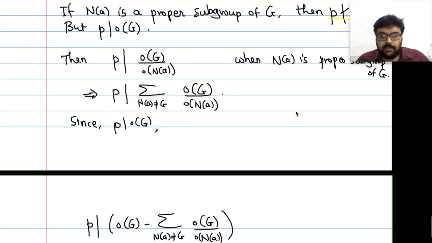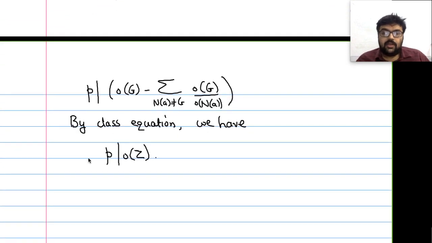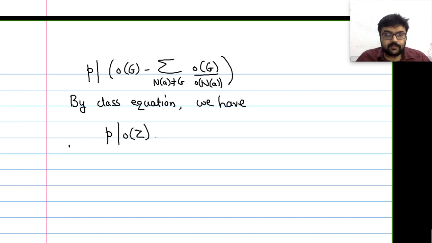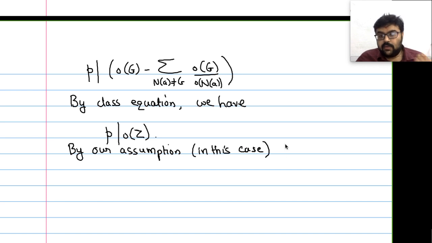But what we are getting is P divides order of Z, so by our assumption in this case, we can say that Z is not a proper subgroup of G.